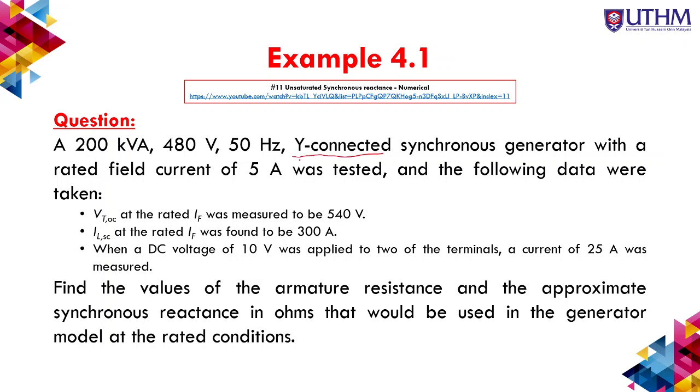You need to know what type of connection. Okay, so Y connected synchronous generator with a rated field current 5 ampere, and the following data were taken. So they do a test, and this is the conclusion of the test.